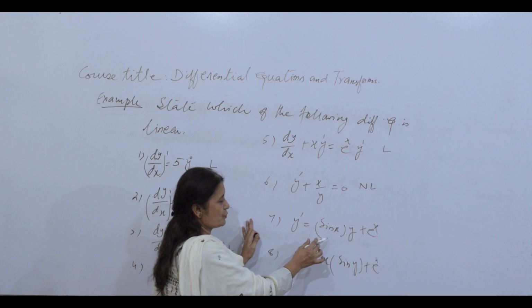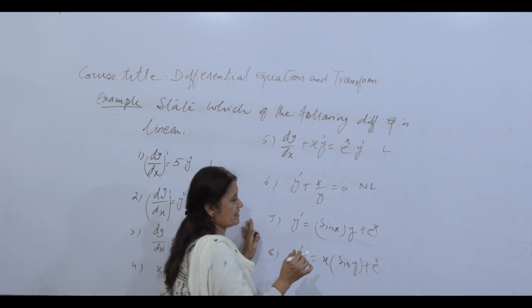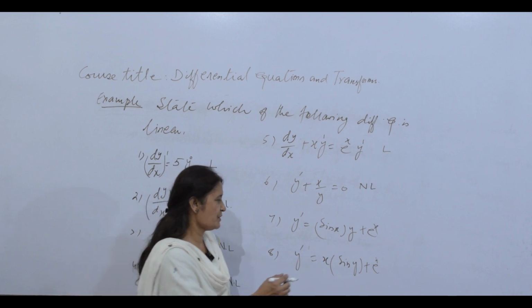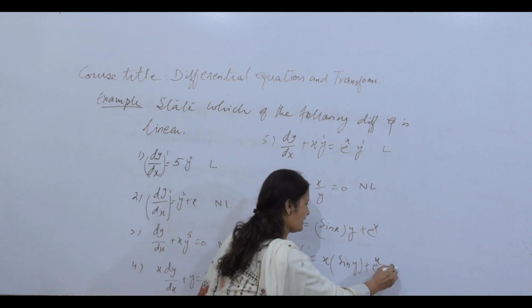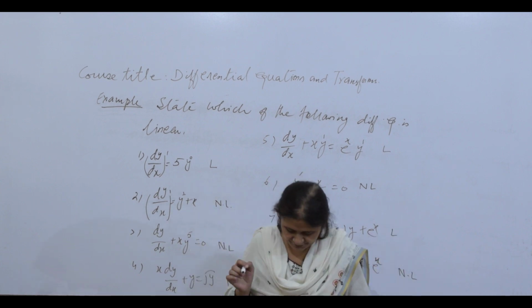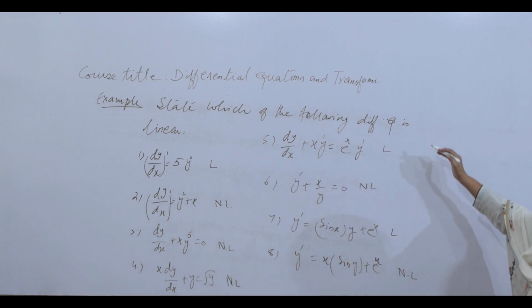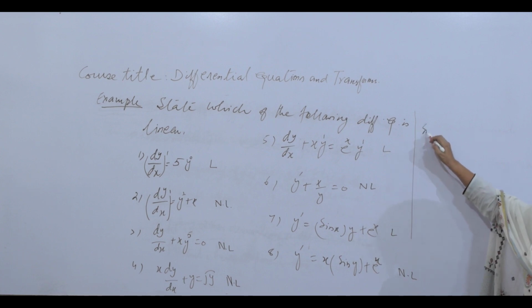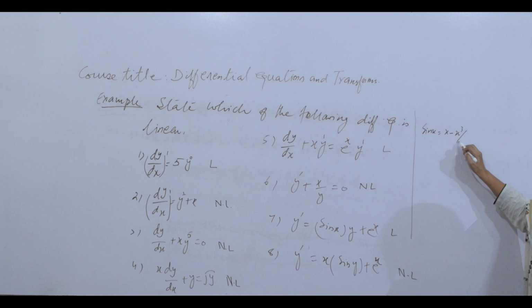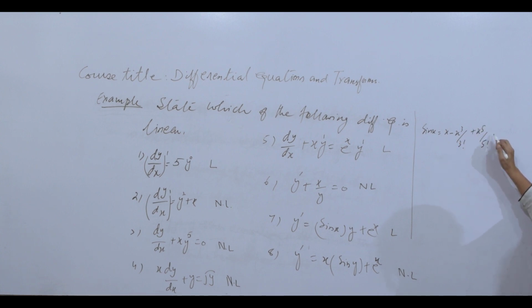Here y dash is equal to sin x y plus e to the x, or here is this. So what is the difference between these two? One is linear, one is non-linear. Let me have sin x. If I am writing sin x using Maclaurin series, this is x minus x cube divided by 3 factorial plus x5 divided by 5 factorial minus x7 divided by 7 factorial and so forth.